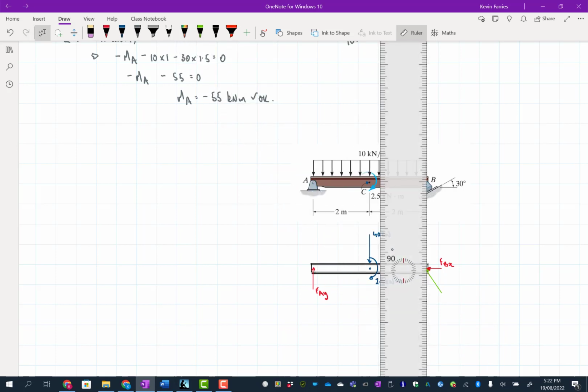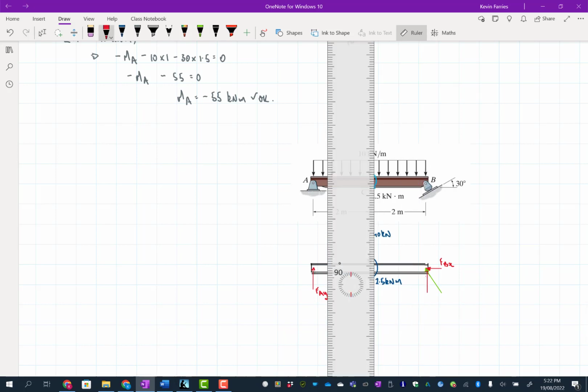FBX, and then I'll stick on FBY as well. I'm doing that because if we end up with a single equation with both of these variables in it, I might have to refer back to the fact that it's an angle. I might have to write these in terms of that magnitude there. So just call this FB.